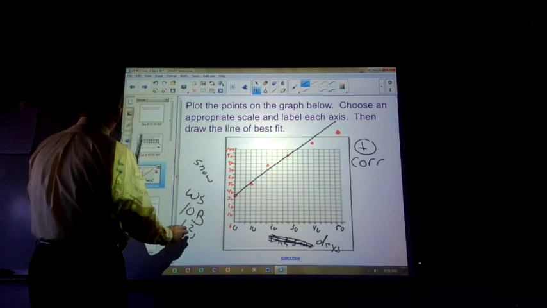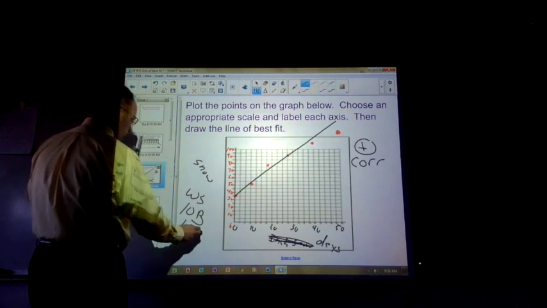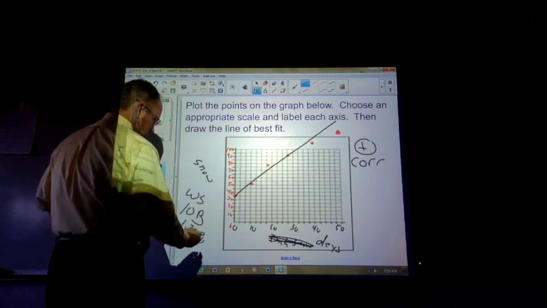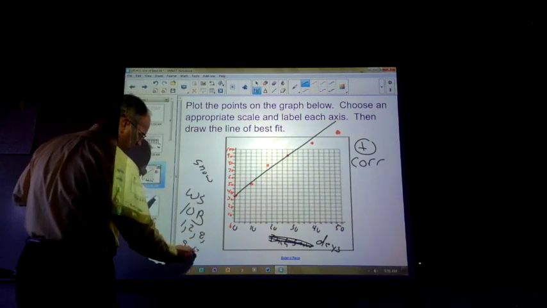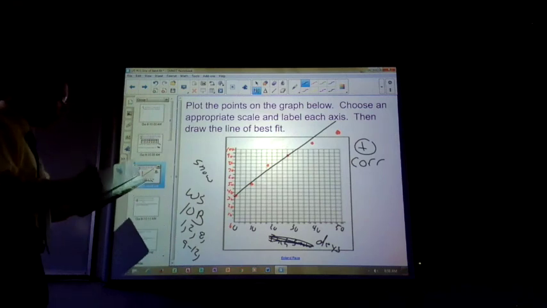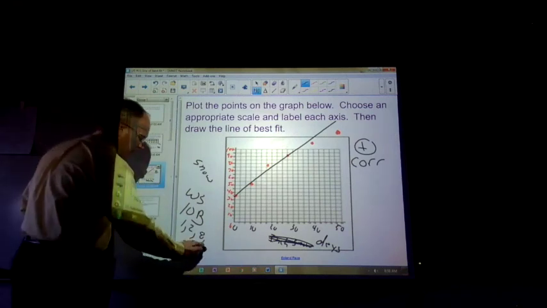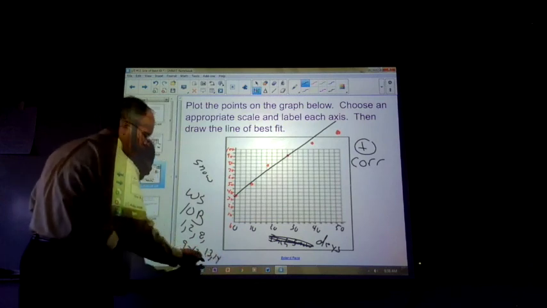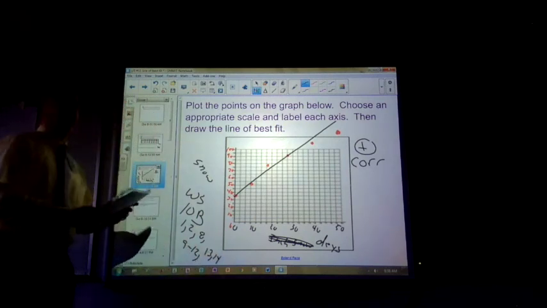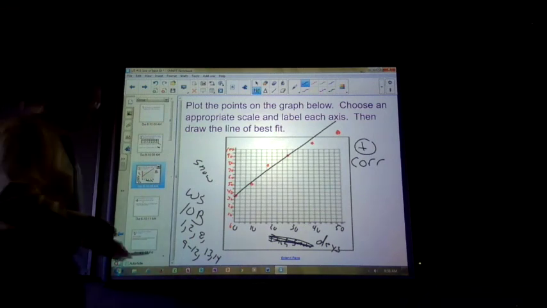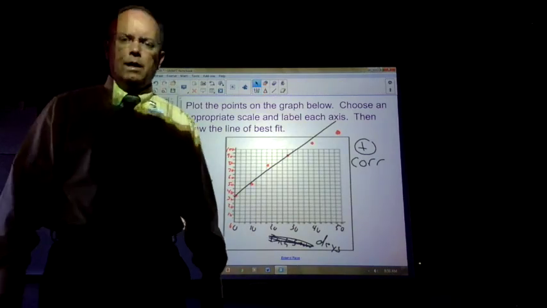You guys want to do all of them? No. Okay. Number 8, 9 through 12, and 13 and 14. So we'll continue with scatter plots tomorrow. That worksheet goes along with what we had done today. Cool?